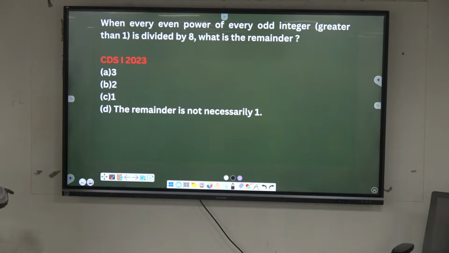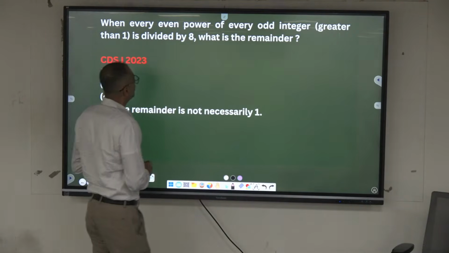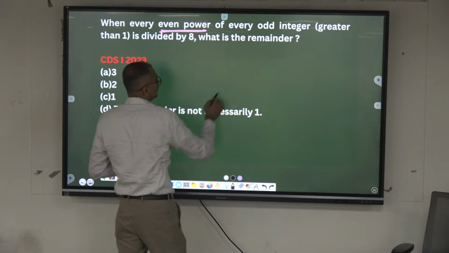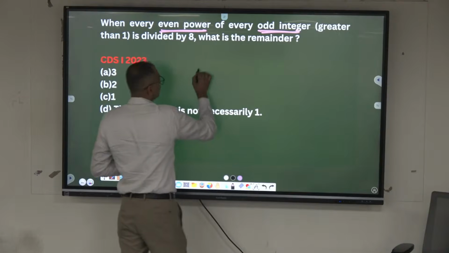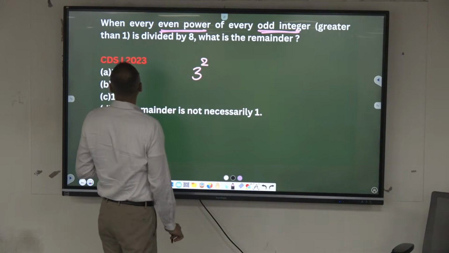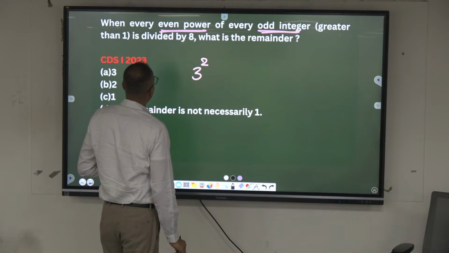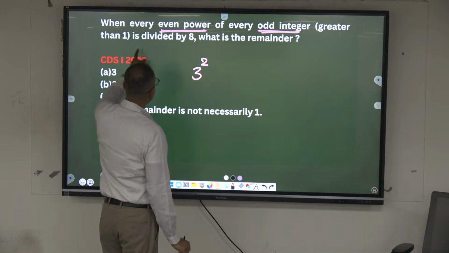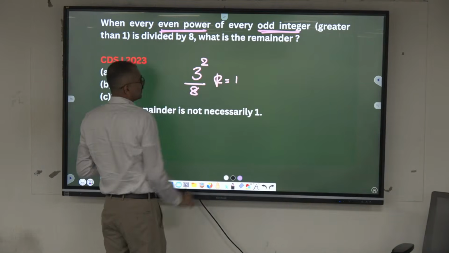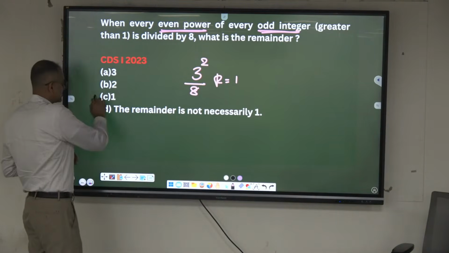Every even power of every odd integer, the power has to be even, the base has to be odd. Okay, for example, 3 square is greater than 1. When it is divided by 8, what is the remainder? 1. Check some other cases.